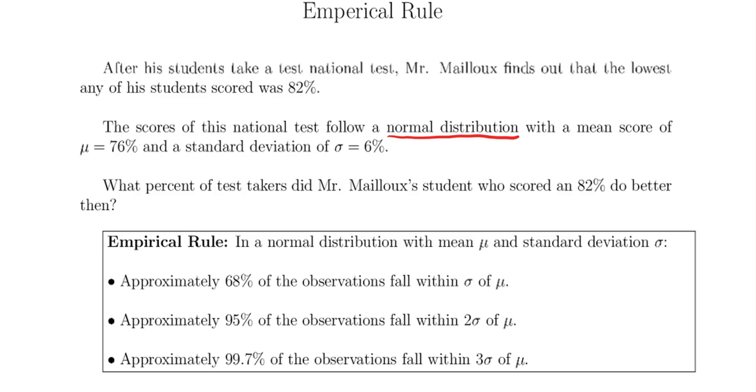Approximately 95% of your observations are going to be within two standard deviations of that mean, so two above or below. And approximately 99.7% of observations are going to fall within three standard deviations of the mean, so three above or three below the mean.